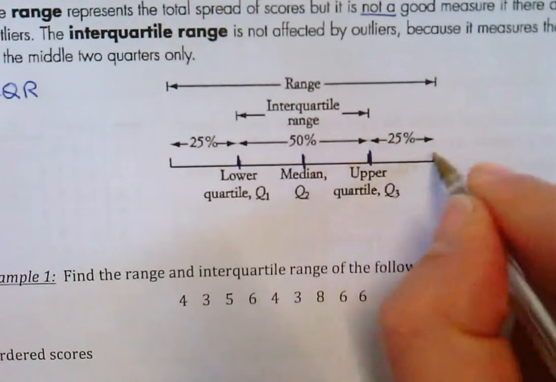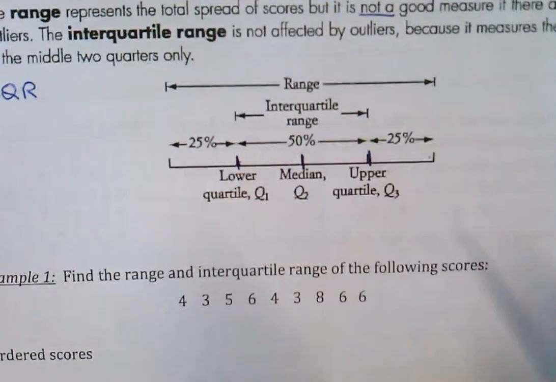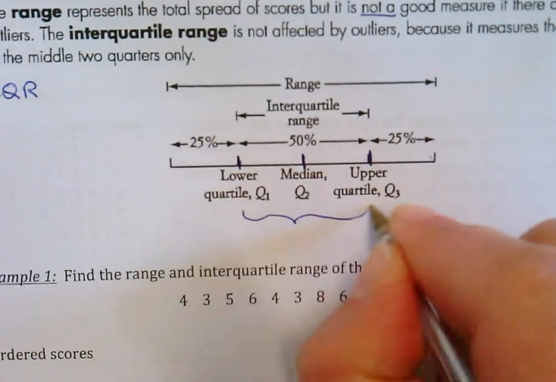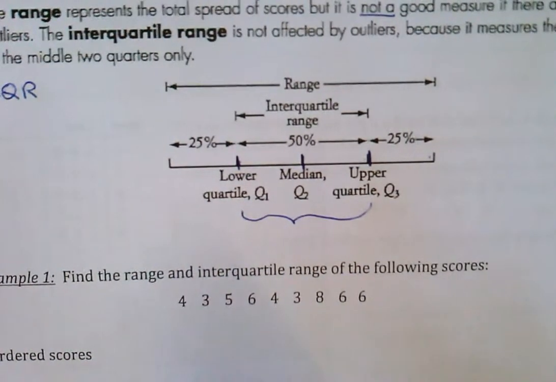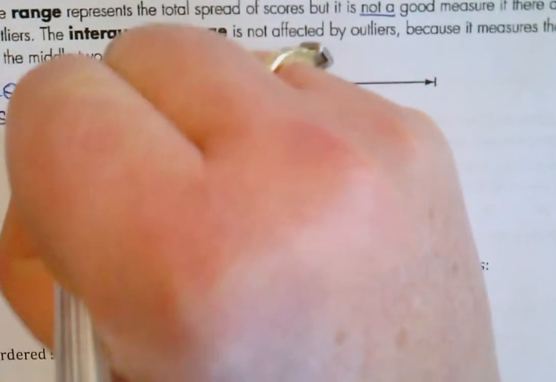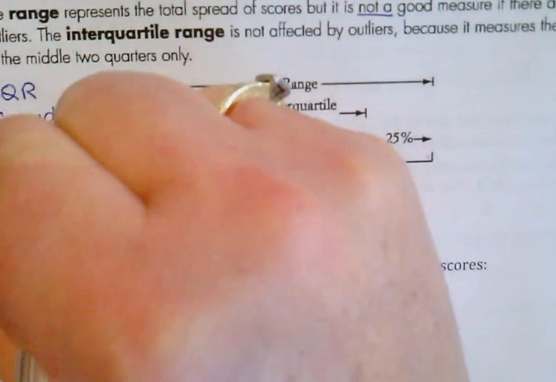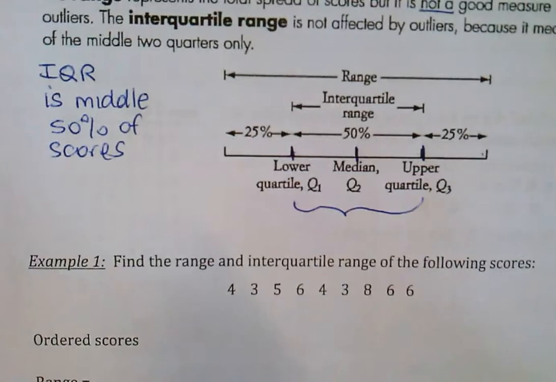And what percentage of scores are above Q3? So guess what? See the middle 50? The interquartile range is the middle 50% of scores. So the IQR is the middle 50% of scores.